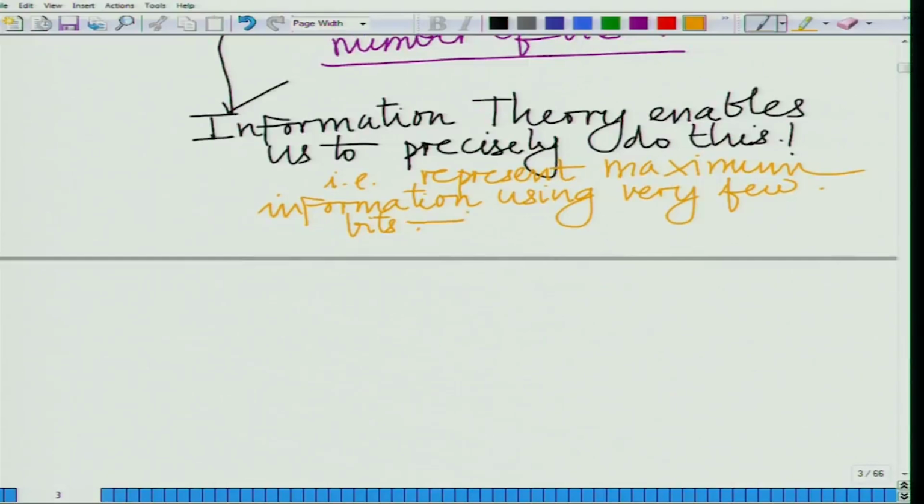You can also say maximize the information content on a bit by bit basis, maximize the information content per bit. Okay.